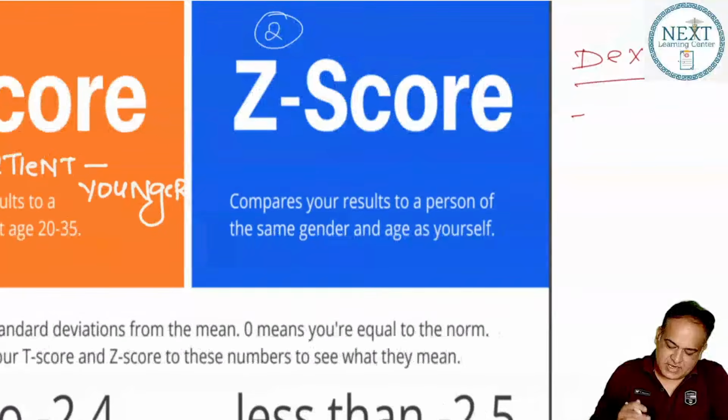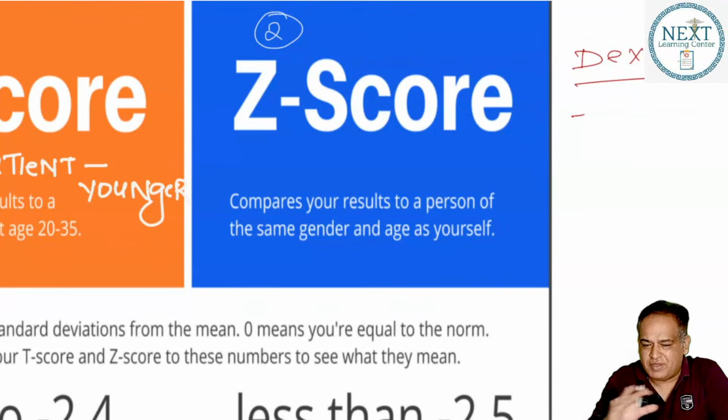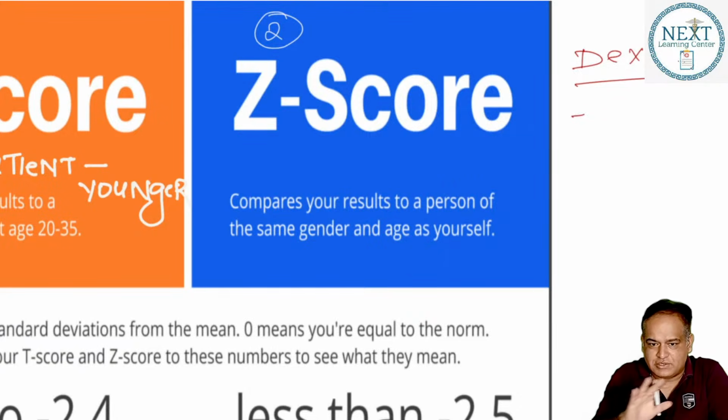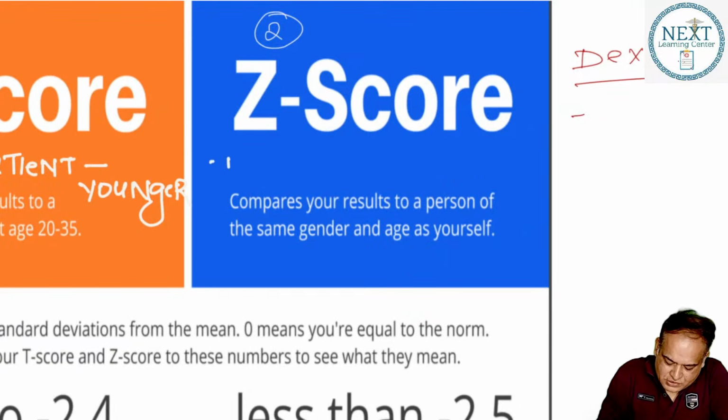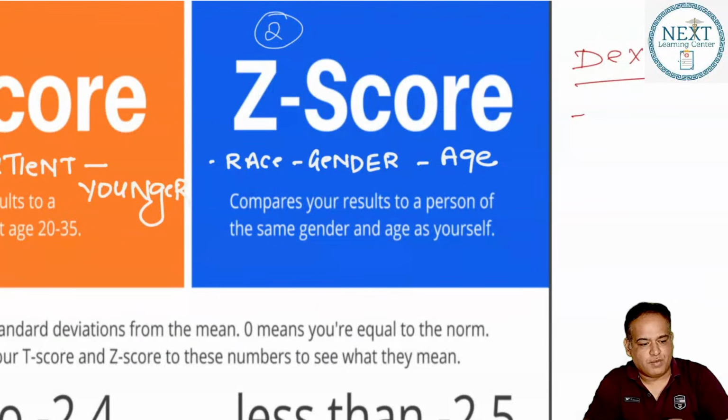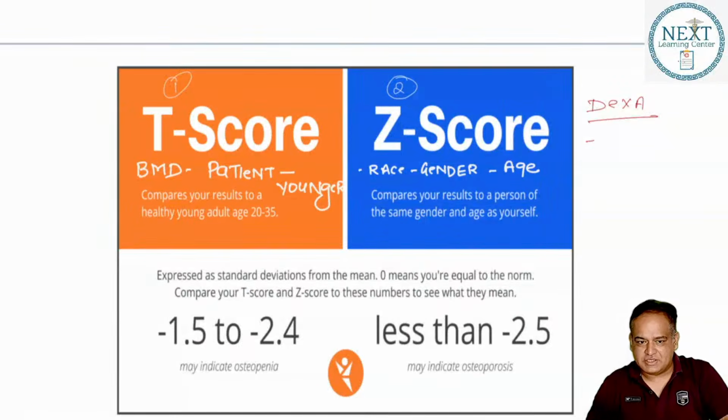Now, Z score. So, Z also comes at the end. That means you will compare the bone mineral density with race, gender, and age matched individual. What is more important? More important is T score.